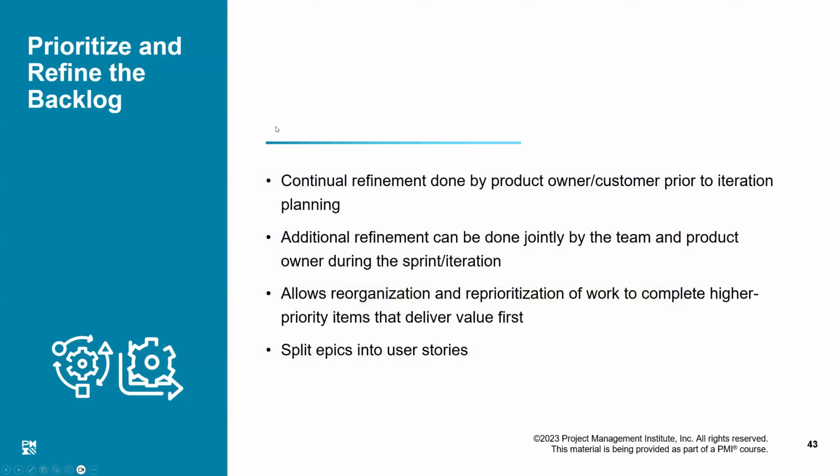Prioritize and define the backlog. Probably we have talked about it many times. We do understand that in Agile, all the requirements are not done in some kind of critical path or something. Actually, with the help of the customer, we develop a prioritization list for the product backlog, which is the work of most value to the customer.